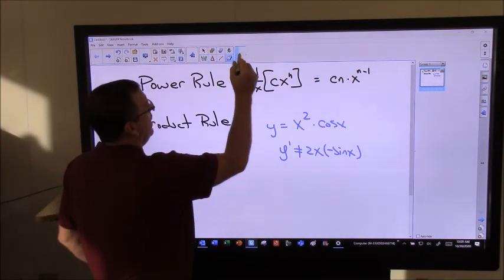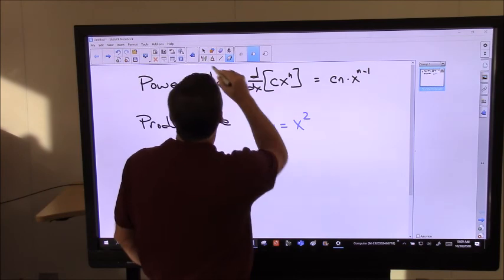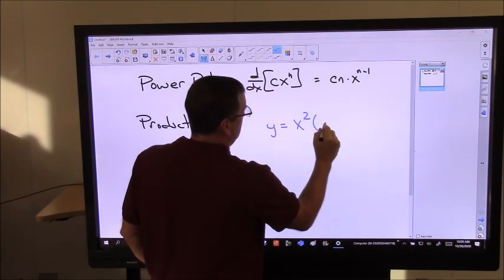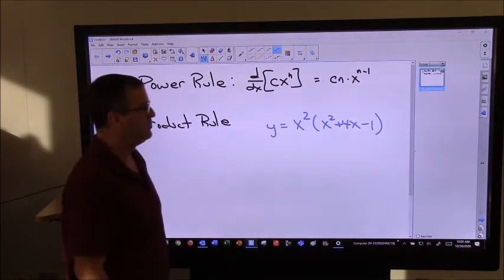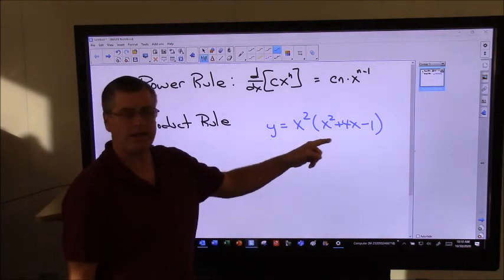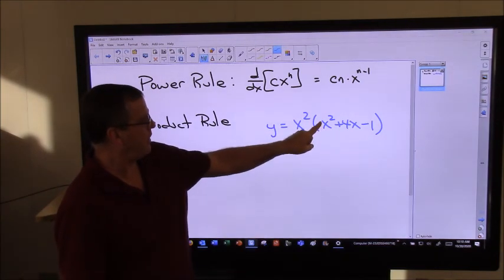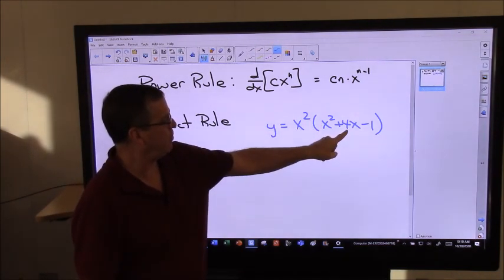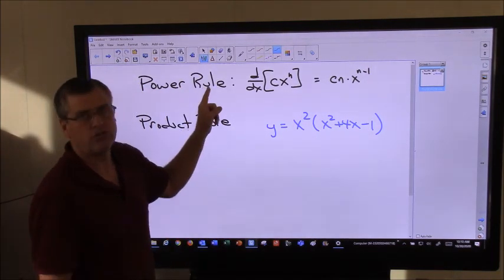Now, if I had something like this, well, there are two things being multiplied, but I could simplify this. I could distribute the x squared and call that x to the fourth plus 4x cubed minus x squared, and then I could go back to the power rule.